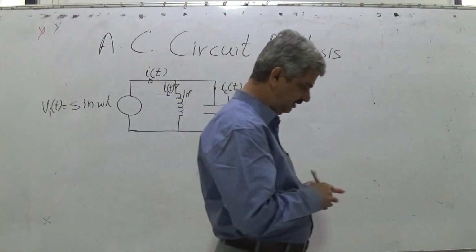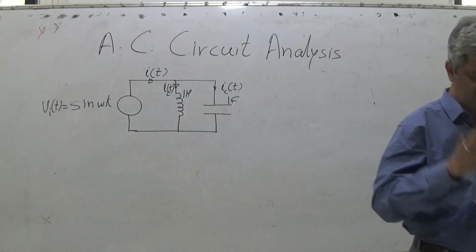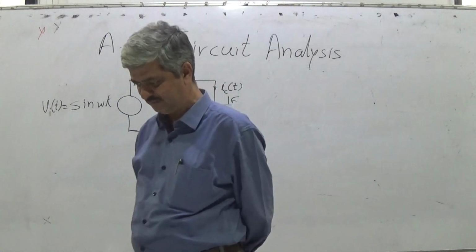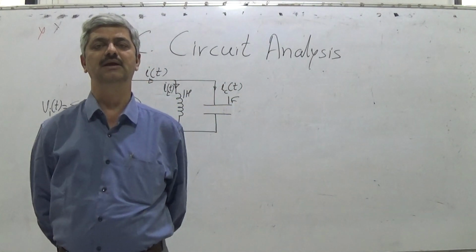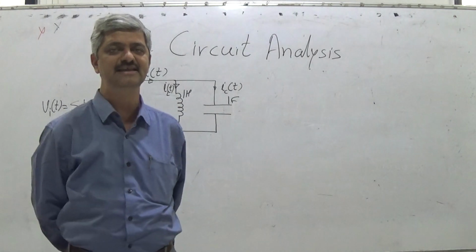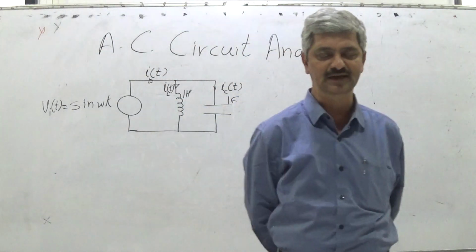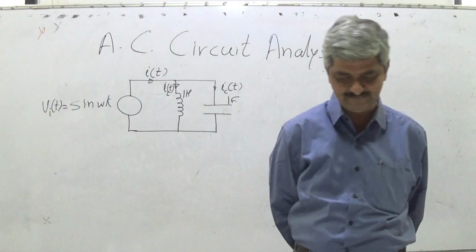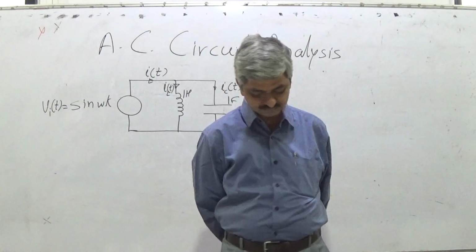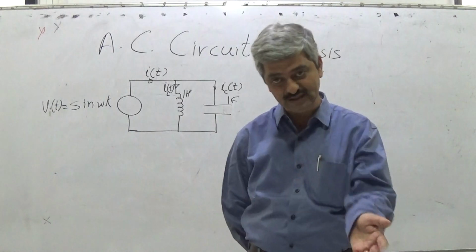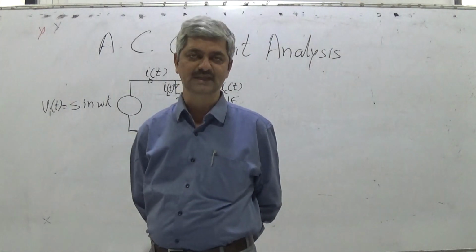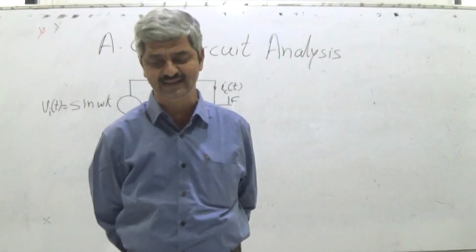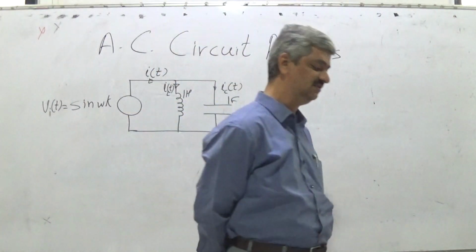So we make use of simple working rule: if a sinusoid is applied, then current through capacitor is voltage upon capacitive reactance, where capacitive reactance is either 1 upon j omega C or minus j upon omega C. And for inductor, the current through inductor is voltage upon X_L, where X_L is the inductive reactance, which is equal to j omega L. So there is no need of writing differential equation once again.